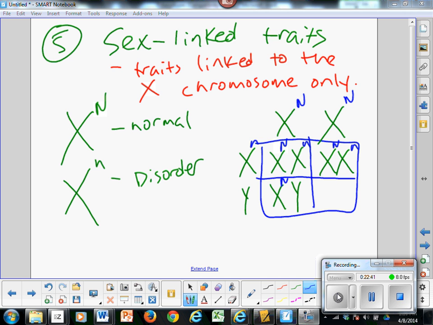That's X big N, Y. Normal or colorblind? Normal. XY male, normal. So, can these people have a colorblind child? If we're talking about hemophilia, can these people have hemophilia? No. If we're talking about baldness, are you going to see any bald people? No.